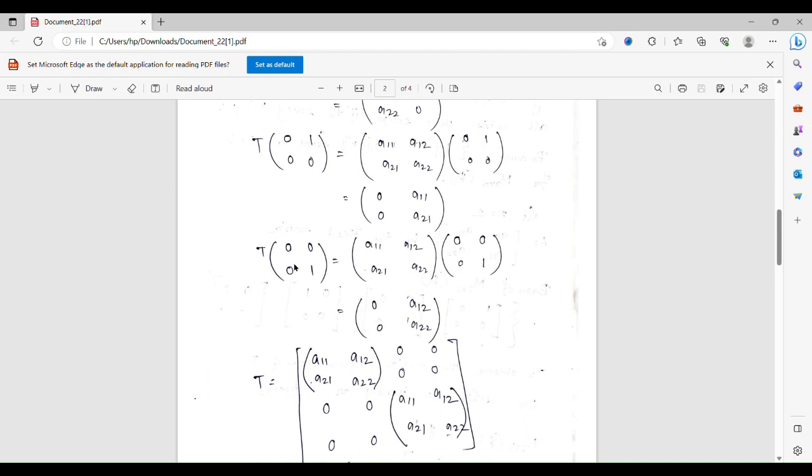And for T of 0 0 0 1, I get 0 0 A12 A22.